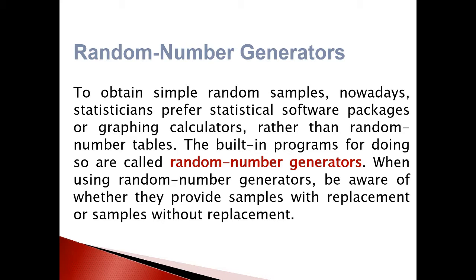Different software packages have built-in programs called random number generators. When using random number generators, be aware of whether they provide samples with replacement or samples without replacement, because there are two types.